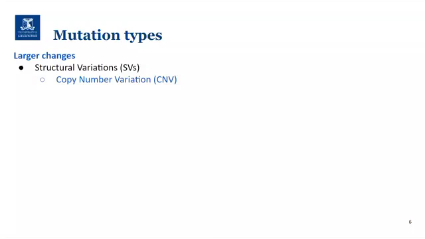And you can also divide mutation types depending on the size of the change. We have mutations characterized by larger changes, for instance, structural variants, and these could be changes in copy number variation. So in one generation, you have 2 copies of a given gene, and in the other you have 3, for instance, and you can also have deletions and inversions.